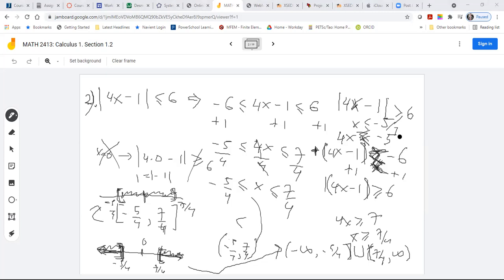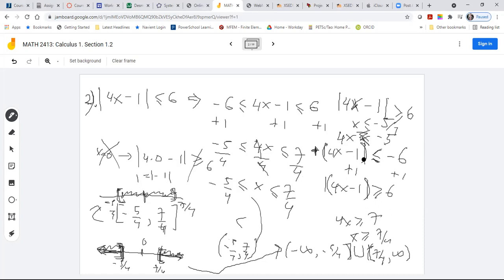I can see. So let me erase this to make it clear. So one should be less than -6, and the other one is greater than 6.